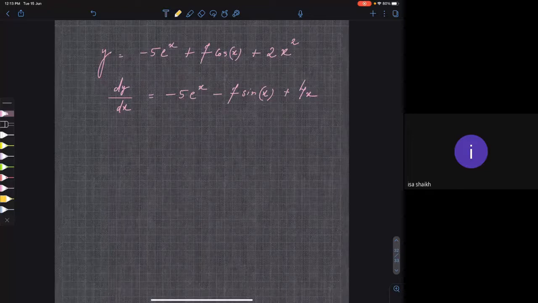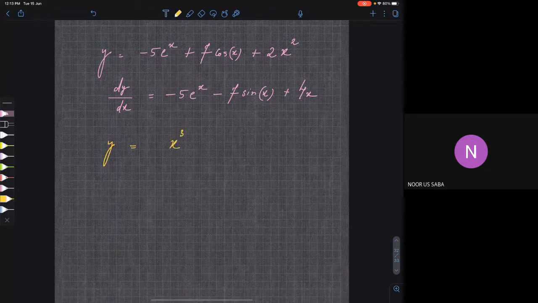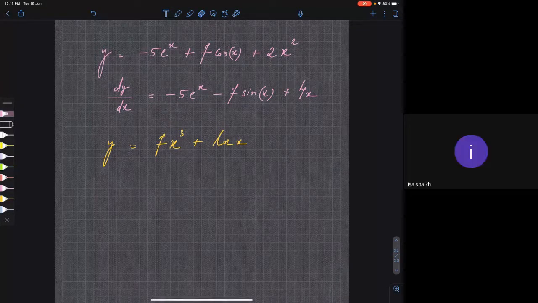Yes, sir. Here y equals x cube plus 7, minus 2 by x.